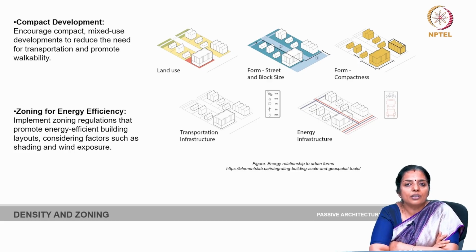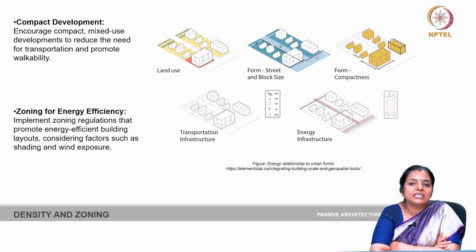For example, taller buildings may be strategically located to provide shade to lower structures, reducing the cooling load, while green space preservation regulations promote the preservation of green spaces and open areas, which contribute to improved microclimate, air quality and overall urban aesthetics.